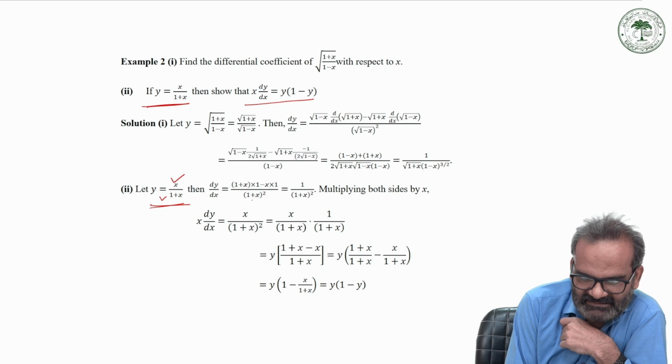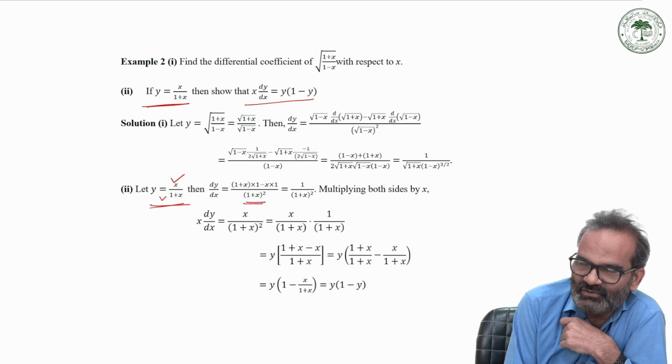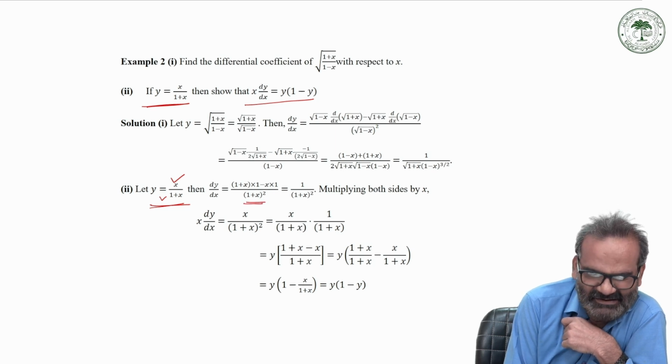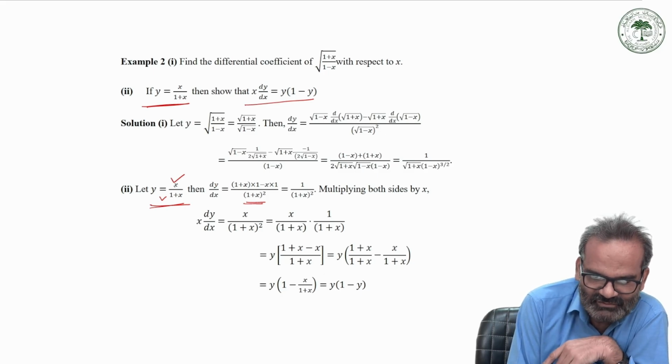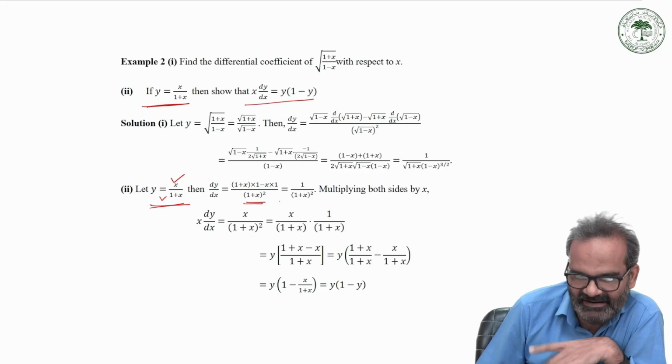dy over dx is (1 plus x) power 2. This is our denominator. And in the numerator, what we will have? 1 plus x, the denominator as it is, into the derivative of x, that is 1, minus the numerator x as it is into the derivative of the denominator, the derivative of 1 plus x, which is again 1.